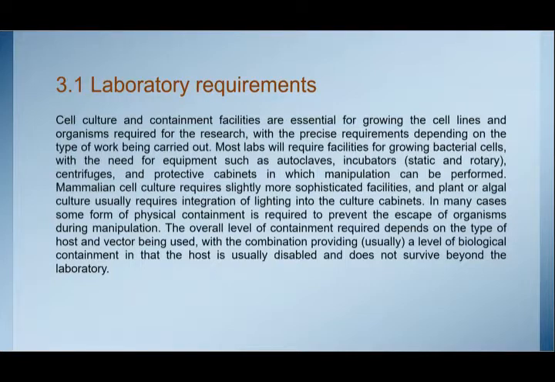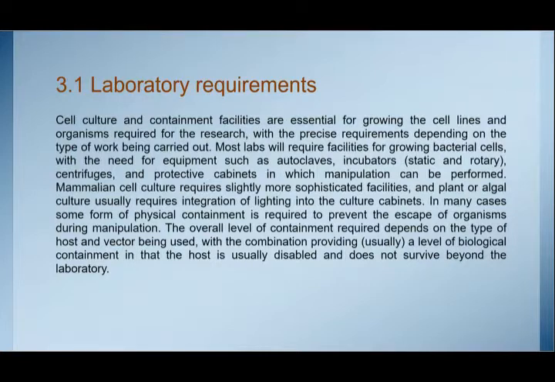Mammalian cell culture requires slightly more sophisticated facilities, and plant or algal culture usually requires integration of lighting into the culture cabinets. In many cases, some form of physical containment is required to prevent the escape of organisms during manipulation.